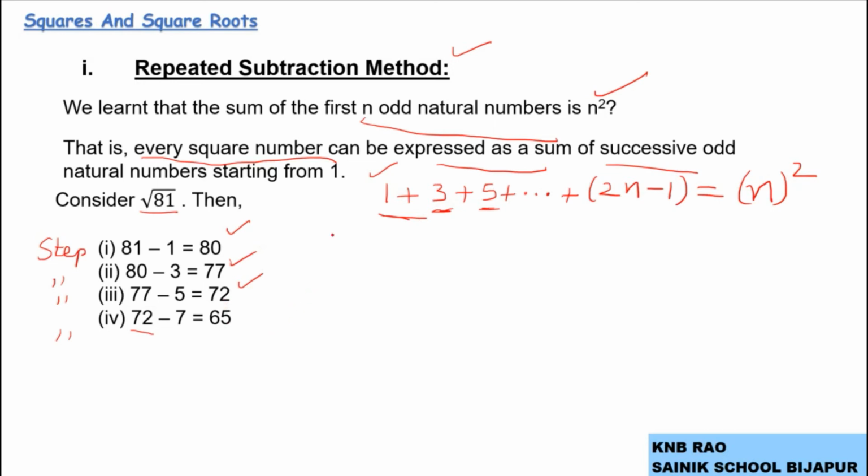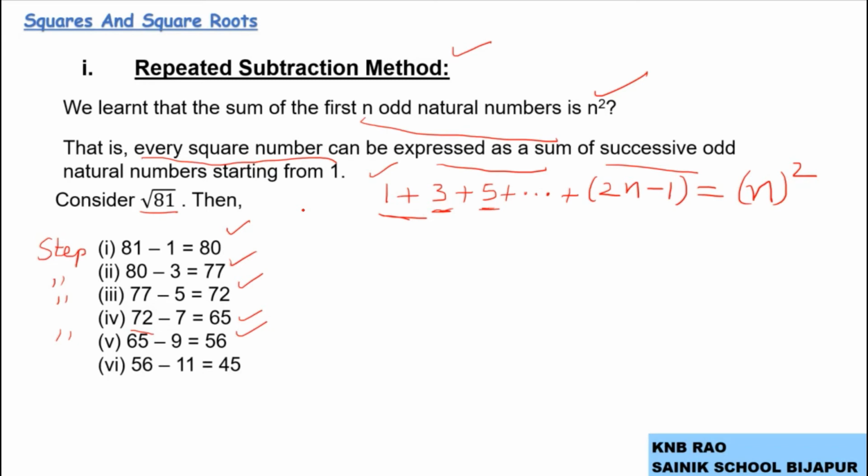Now in the fifth step, from this difference 65, I have to subtract the fifth odd number, 9. So 65 minus 9 gives us 56. Now from 56, we subtract the sixth odd number, 11. So 56 minus 11 gives 45.